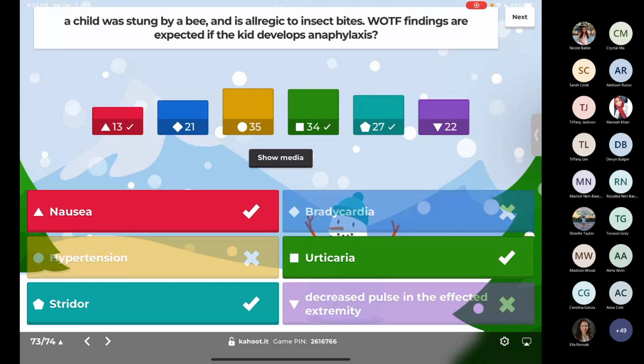Good job, guys. So if someone's experiencing anaphylaxis, they're going to have lots of nausea, urticaria, which is hives, stridor. Think just full allergic reaction. They really don't feel very well.